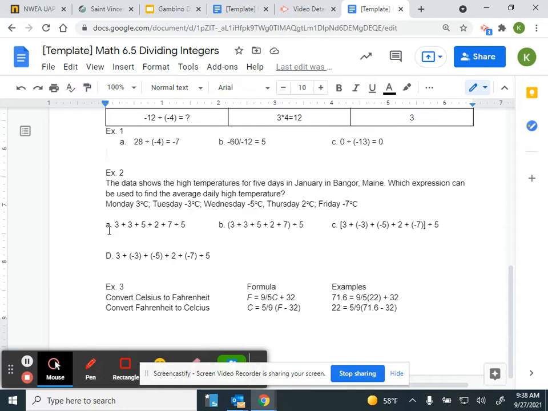Which one of these expressions correctly tells us how to find the average temperature? Remember that average means the mean. So what do we have to do to find the mean?